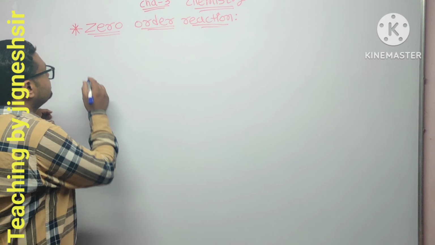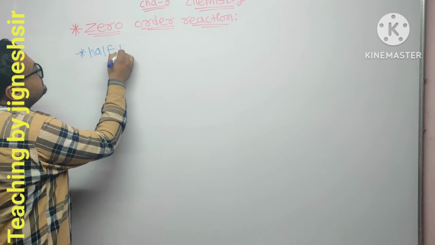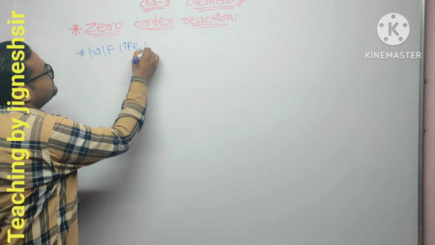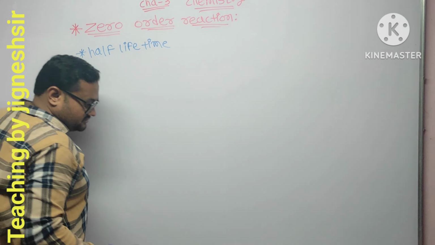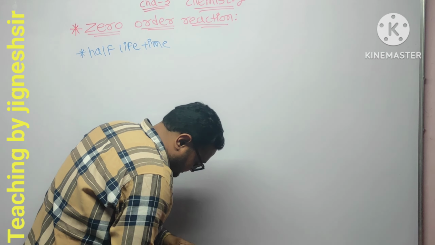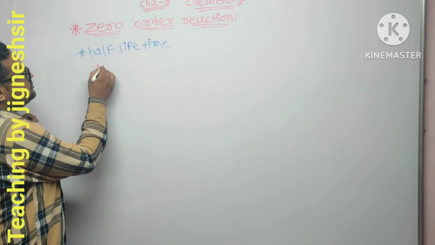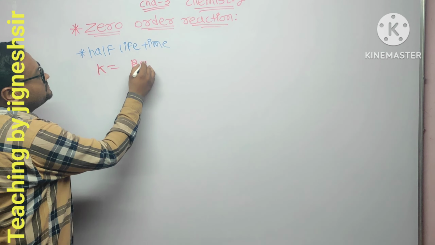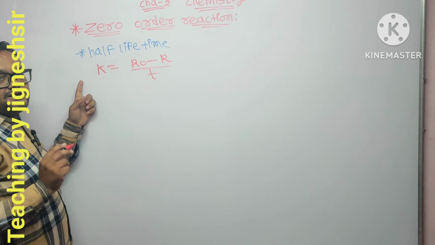Now we derive the half life time for zero order reaction. As we know, K is equal to R0 minus R upon t. We derive this equation last.